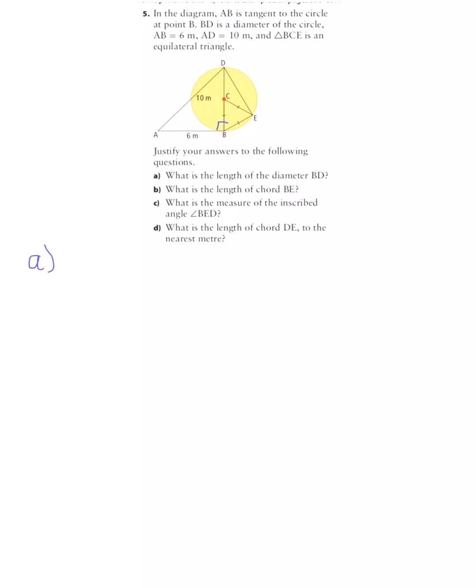Okay, so in this case, we do have a triangle that we are going to solve. I'm just going to zoom in on this a little bit. So we have 6, 10, and then BD, right? This diameter. So we're going to use our Pythagorean theorem.